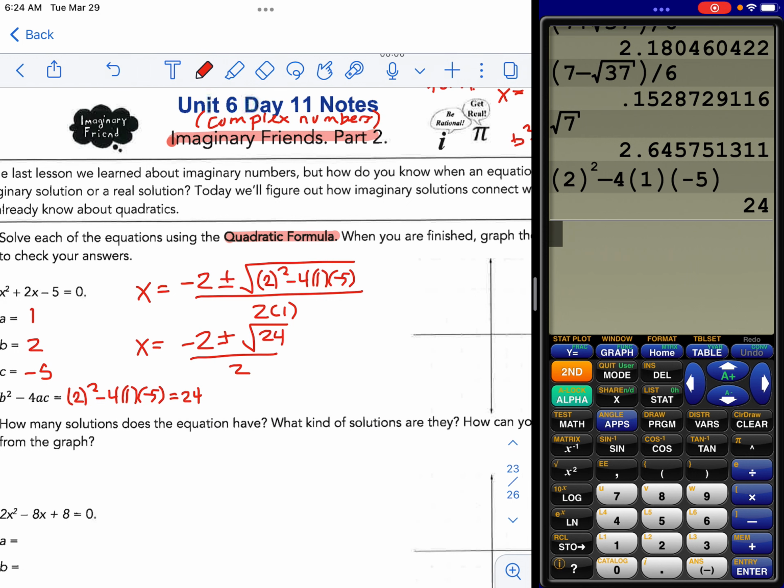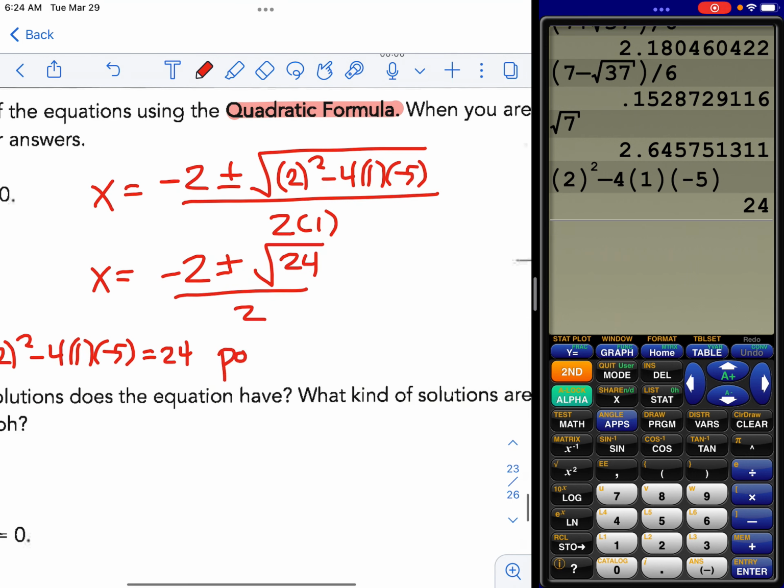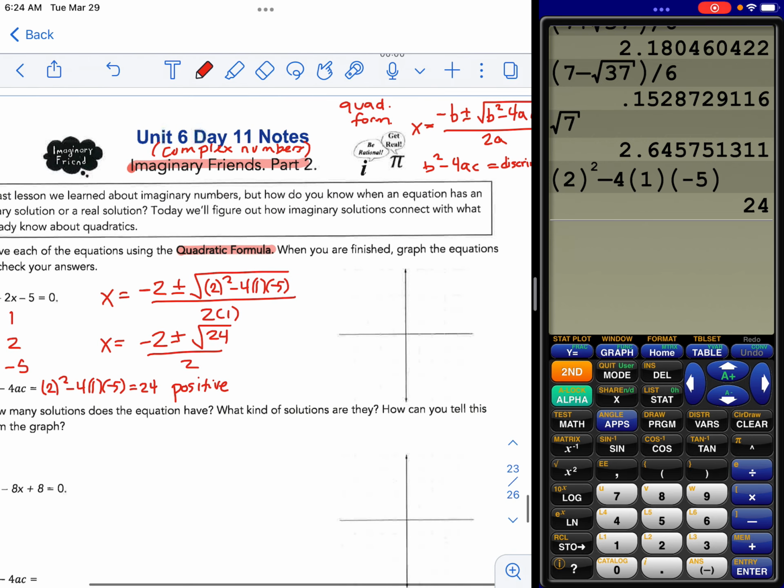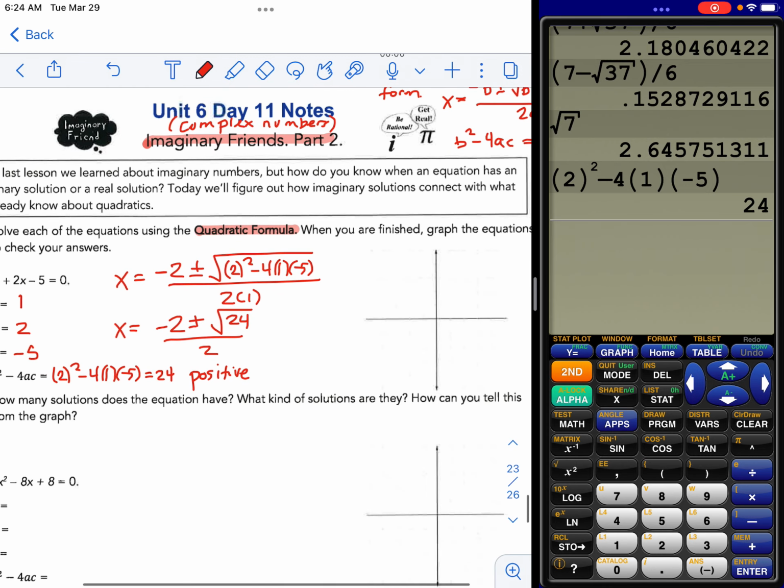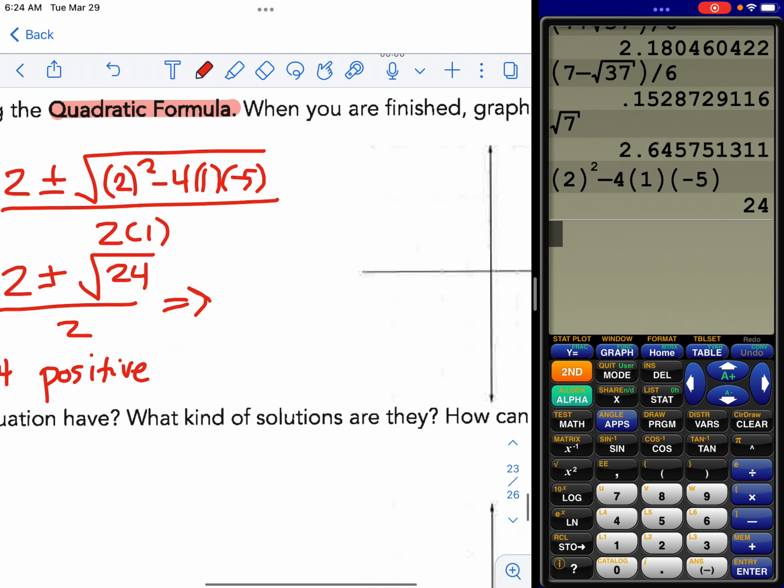So we notice that 24 is a positive number, and when we solve this to get the two answers, we get minus 2 plus root 24 over 2 and minus 2 minus root 24 over 2.